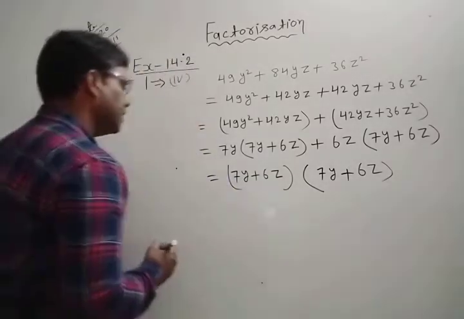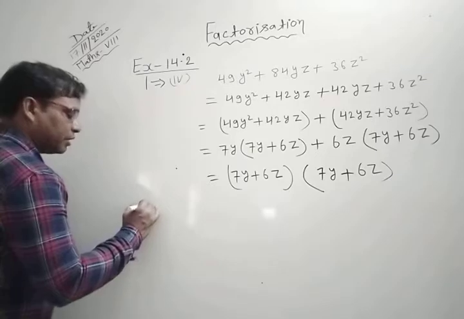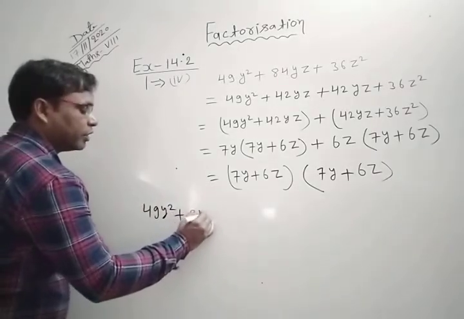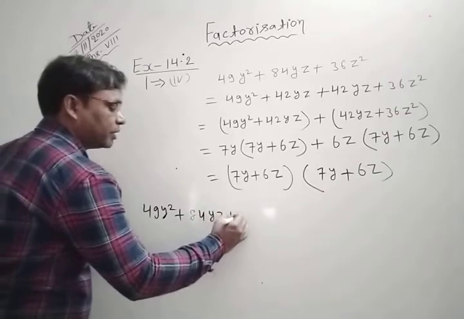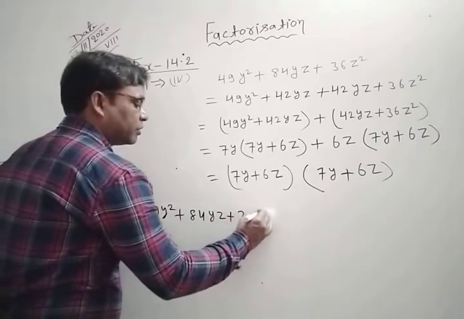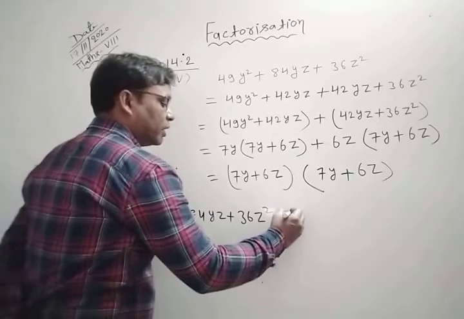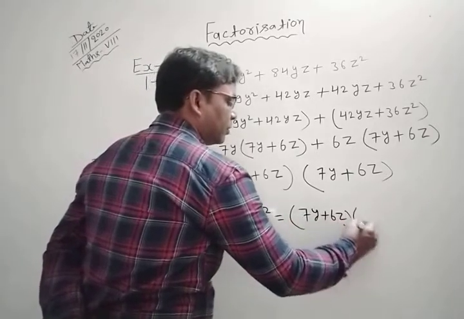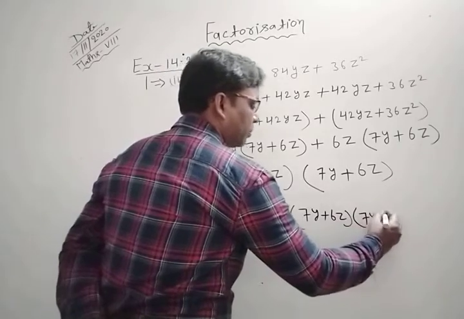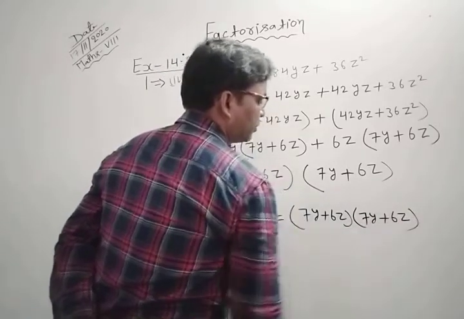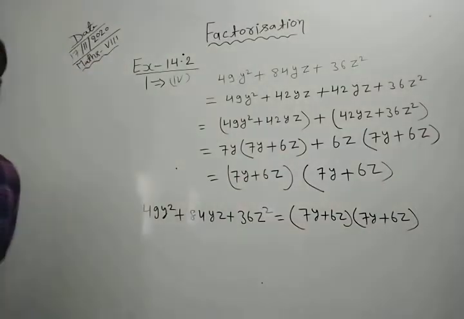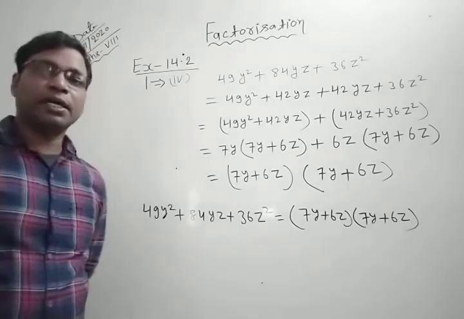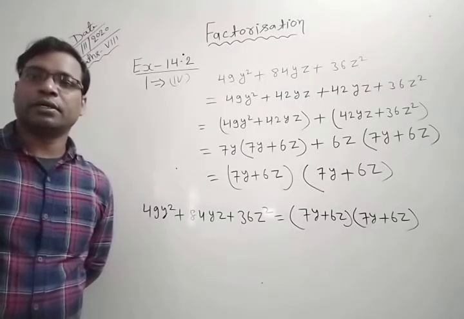Okay, so you can write here the factorization of 49y square plus 84yz plus 36z square is equal to 7y plus 6z into 7y plus 6z. Okay, so students, I hope all of you understood this part. This is the fourth part of question number 1.